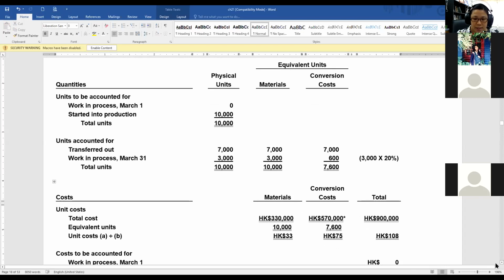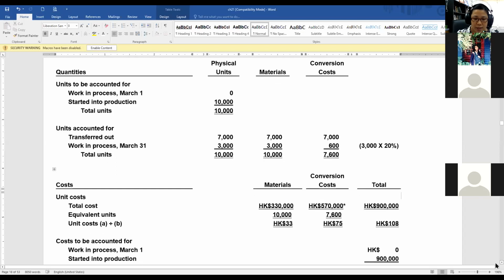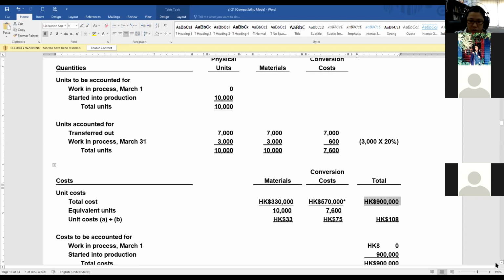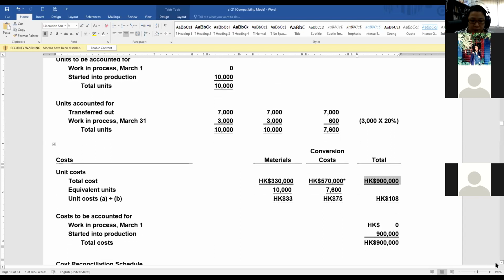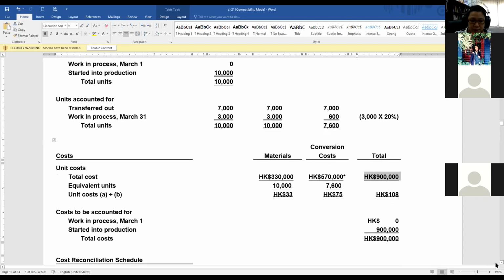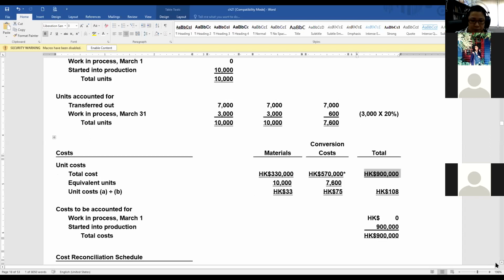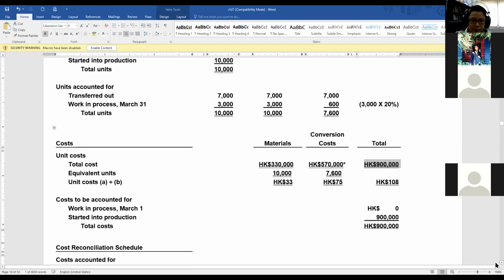Okay, started into production will be 900,000. 900,000 is this one, total cost 900,000. And so the total cost will be 900,000. Okay, and then we calculate the cost reconciliation schedule. We have to do the cost accounted for.